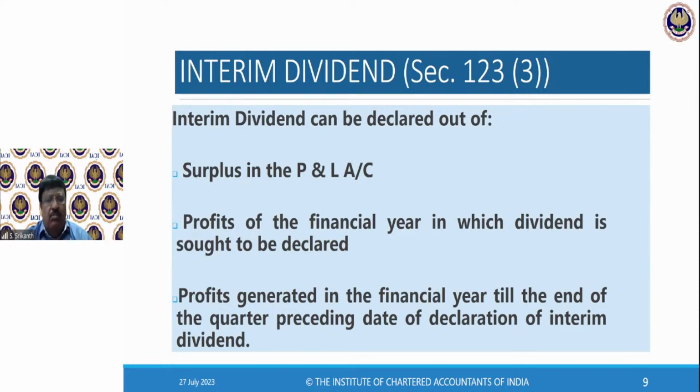So there is no limit. You can declare any number of times. Every month also you can declare. But normally, see boss, there is no limit, doesn't mean that you will declare. Because one declaration of dividend is a huge job. I will assure you that for many companies, I do a dividend audit.